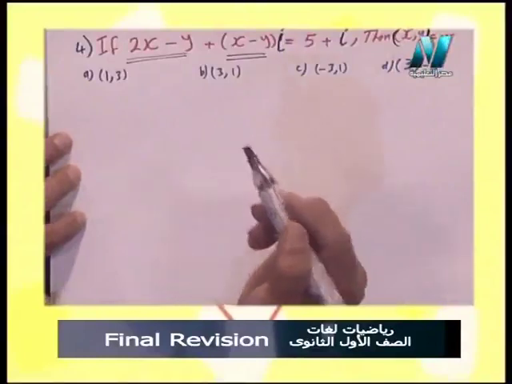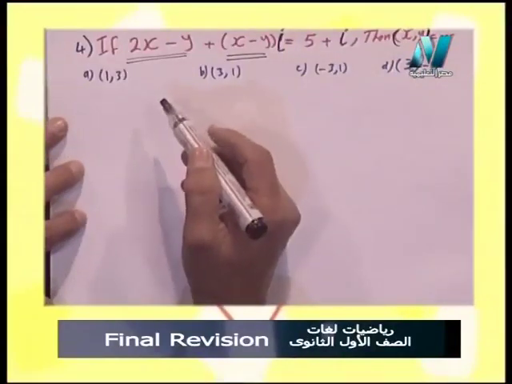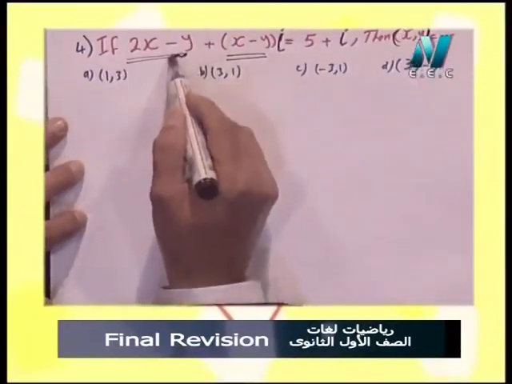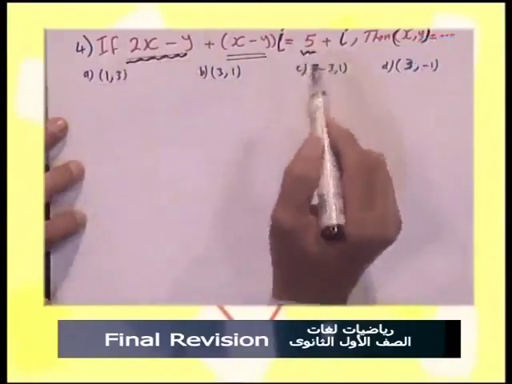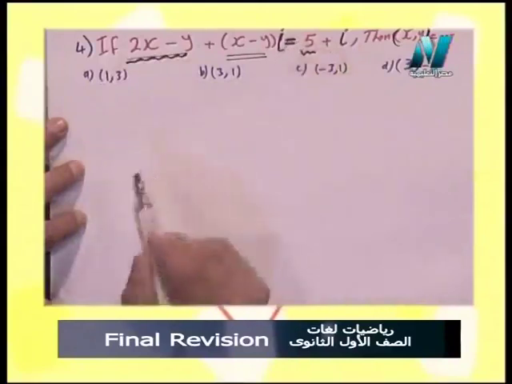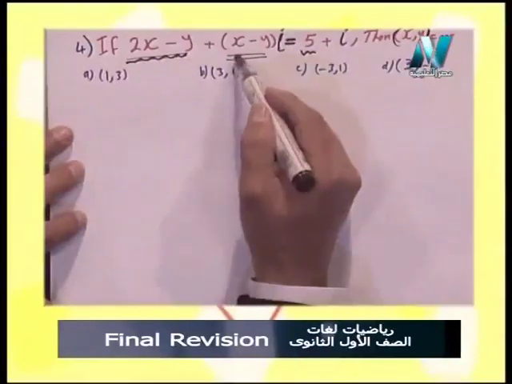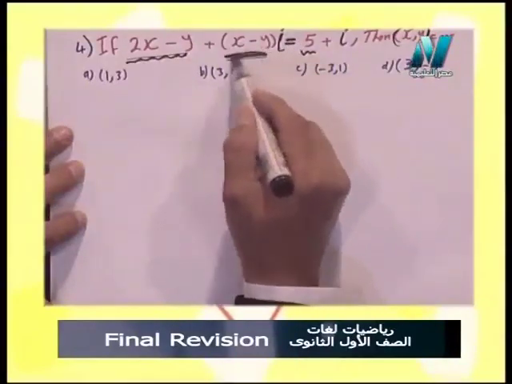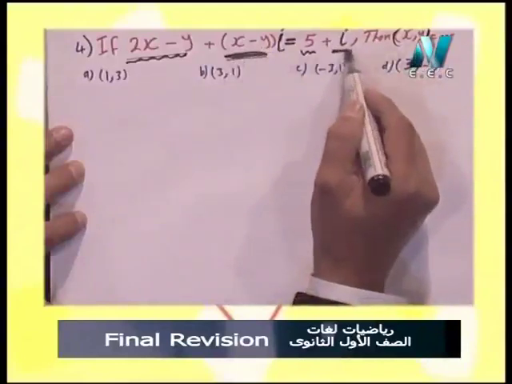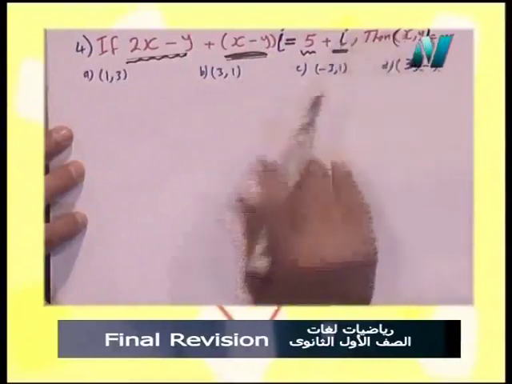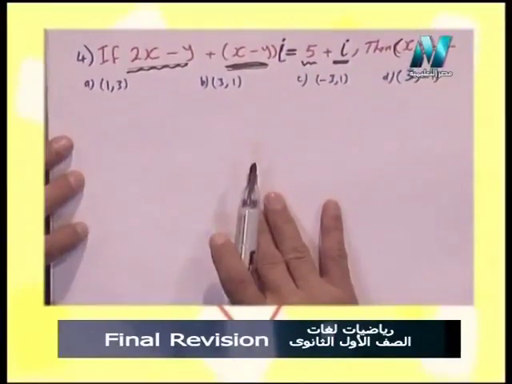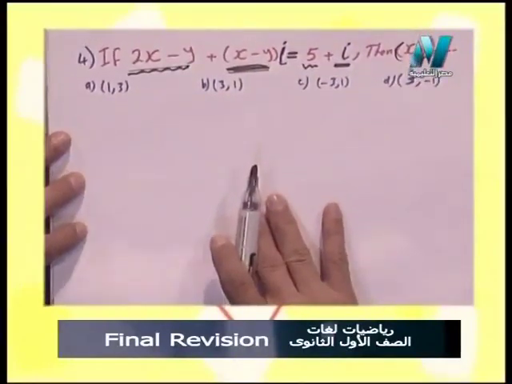Okay, if we have a real number here, it equals the real number on the other side of the equation, and the imaginary number here equals the imaginary number there, and concentrate that i here has the coefficient equal to 1.